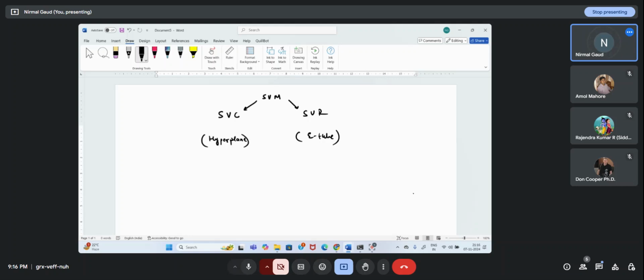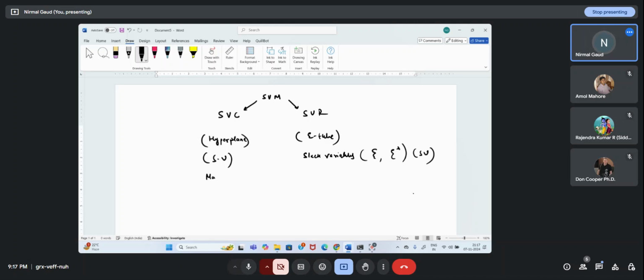Here we are having slack variables, like slack and slack dash. Here we don't have any slack variables. We are having the support vectors. Okay, these are also the support vectors.